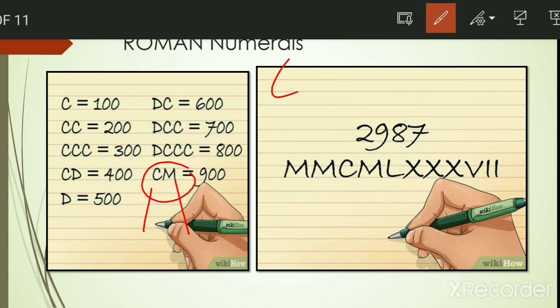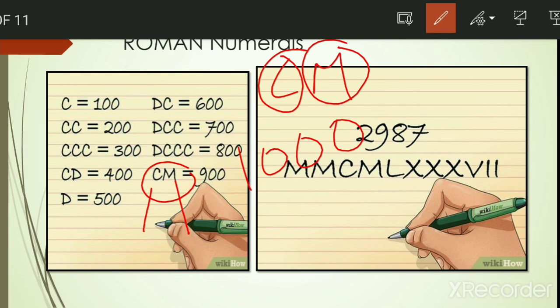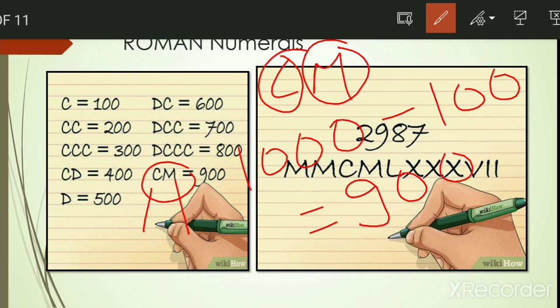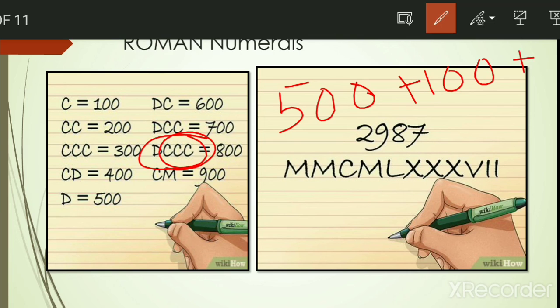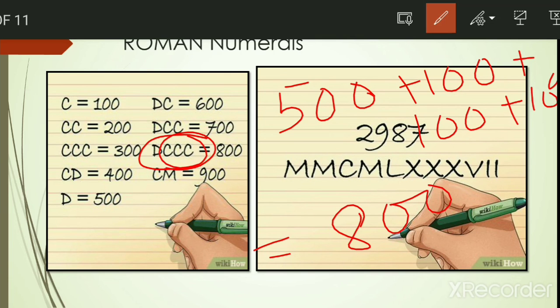So CM means C subtracted from M, that is 1000 minus 100. So it means 900. Similarly, writing DCCC is 500 plus C 3 times, which means 100 plus 100 plus 100. So we have 800.